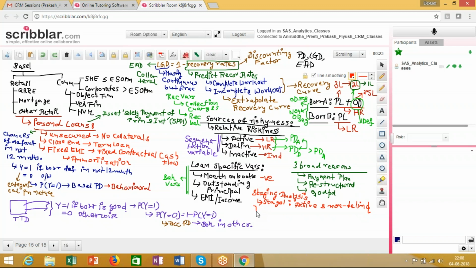After that comes stage two. IFRS 9 defines stage two as a point where the account has been delinquent. So the account is at least a CD1.